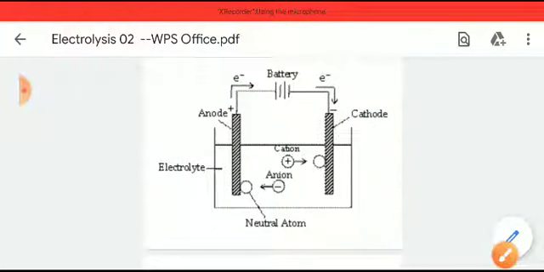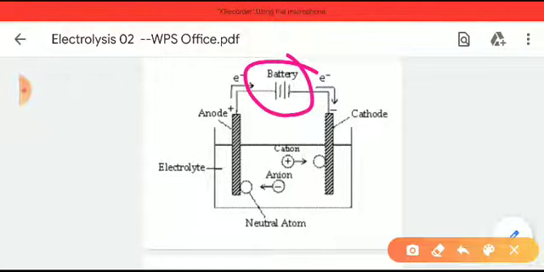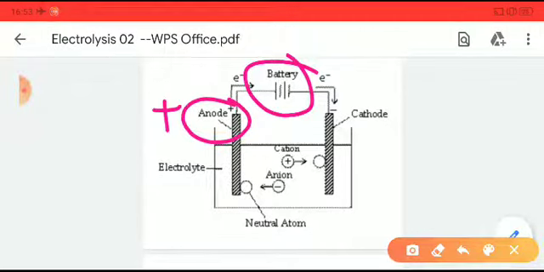As we know, the electrodes are connected with a battery. The negative and positive parts of the battery will be connected to the electrodes. The electrode connected to the positive part of the battery is named the anode, and the electrode connected to the negative part of the battery is the cathode.